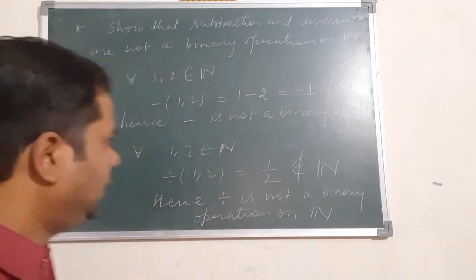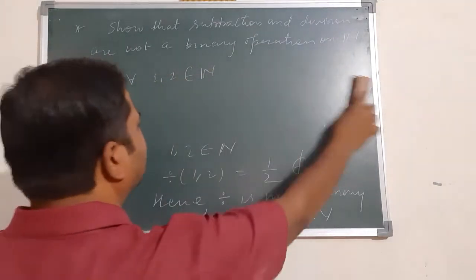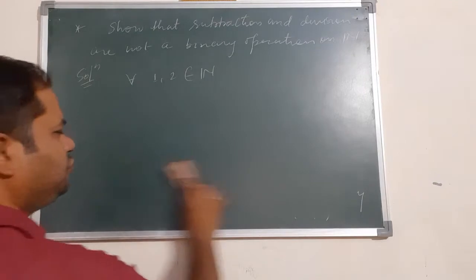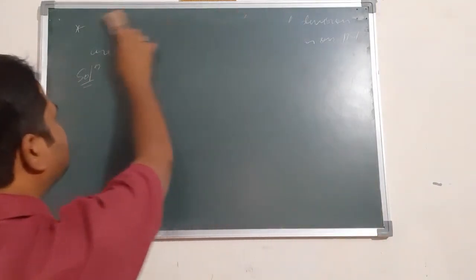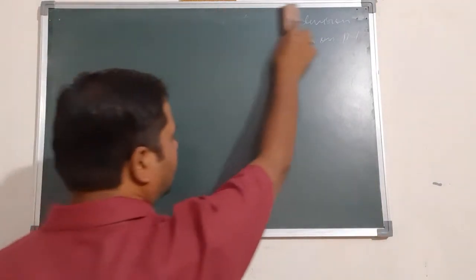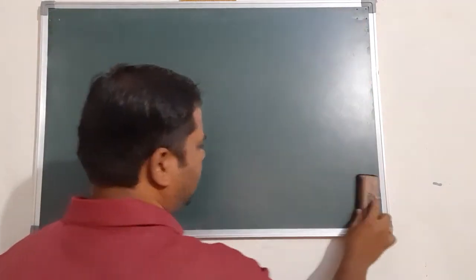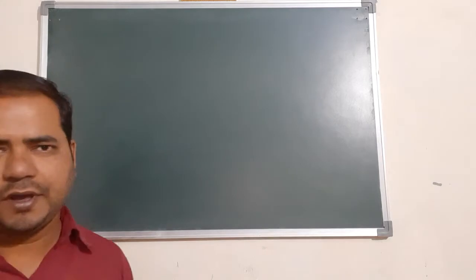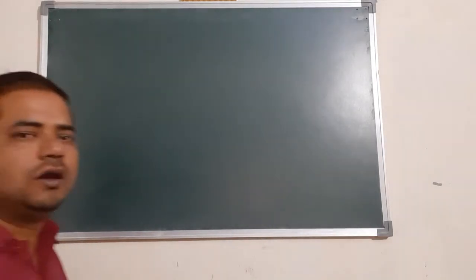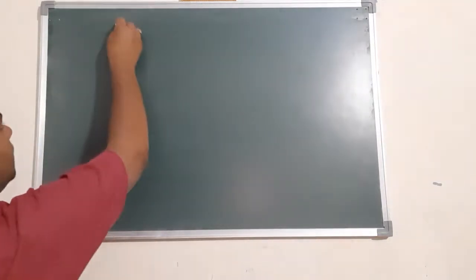Okay, see the next thing. Suppose we define two functions, one is maximum of A, B and second is minimum of A, B on the set of real numbers.